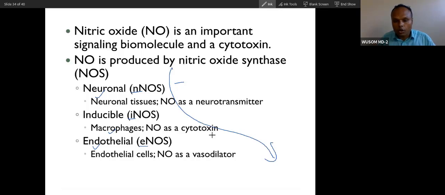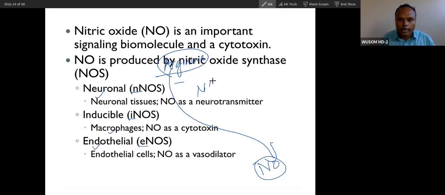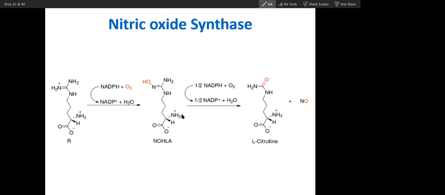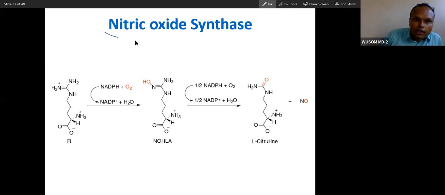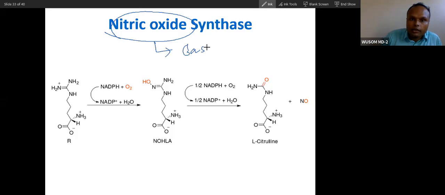Nitric oxide synthesis in all these tissues happens from the amino acid arginine, a very important amino acid that we have studied in the urea cycle. From arginine nitric oxide is synthesized, and what is required? NADPH. You got that? Nitric oxide is the only gaseous hormone in our body. That is why it has become very important.